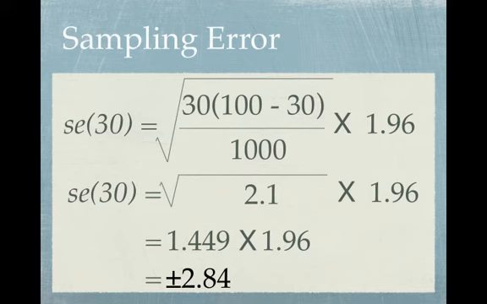As you remember, the normal distribution has values that are below the mean, as evidenced by negative standard deviations from the mean. Also, it has positive standard deviations, values that are above the mean. So what we're doing here is we're saying that whatever results we get from this particular sample could be more or less 2.84 points.